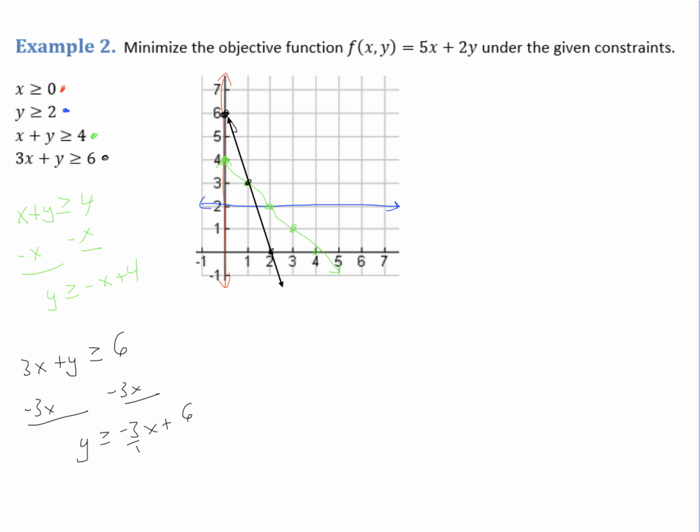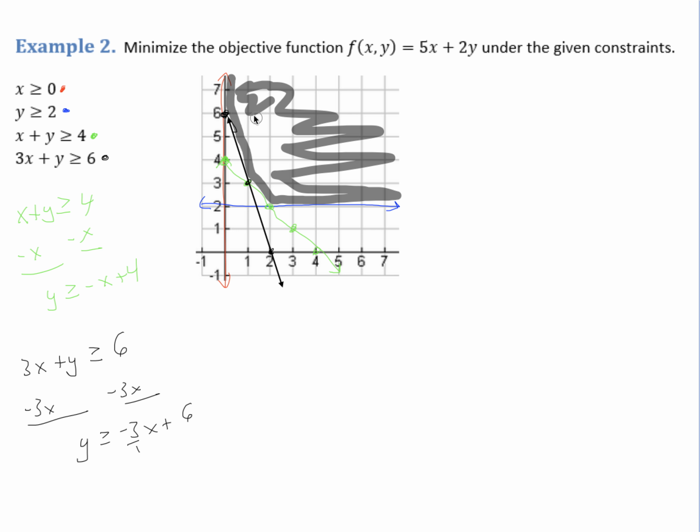So the area we're looking for here is actually not closed in because it's greater than all these values. So it's to the right of the red, above the black, above the green, and above the blue. And so it's this region all out here. I'm not going to be able to color it in all the way, but it's everything out here.